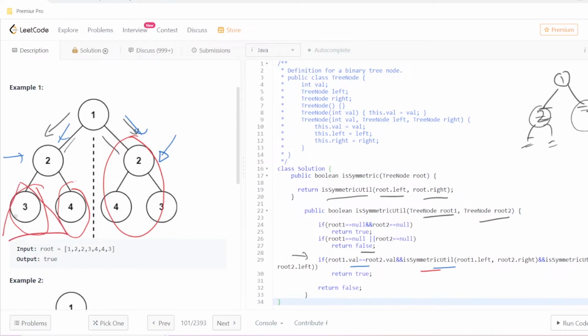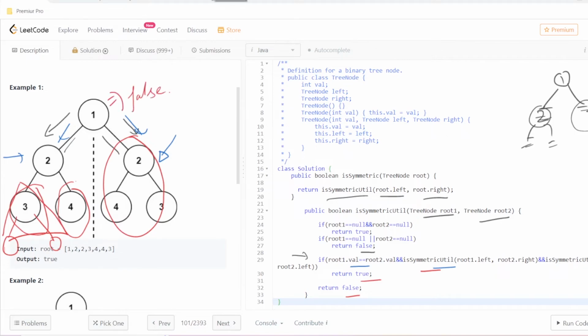Let's assume there were some further nodes here. So it will check there. Recursively it will check all the subtrees, and whenever this condition is correct, we return true here. If at any point this condition is not correct, we return false, and this false is going to get propagated to the top, and finally it will return false here.